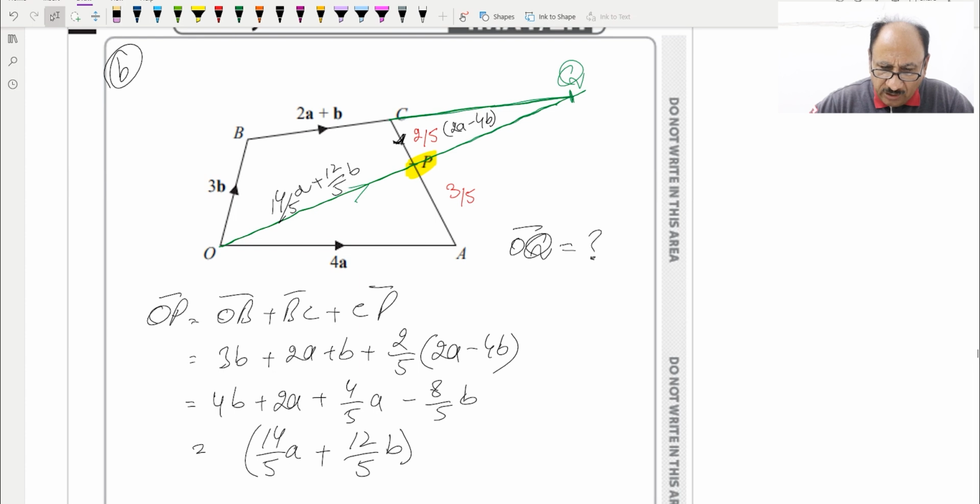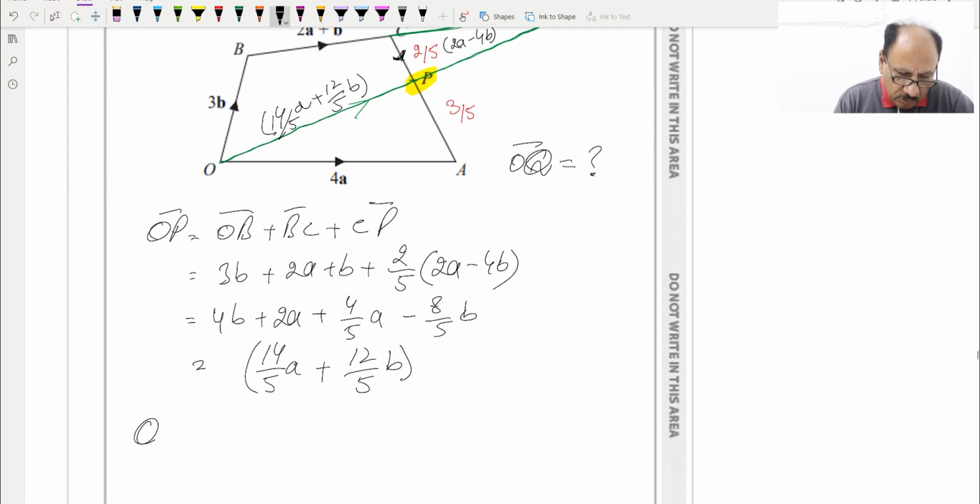Now OQ we can find. OQ is some multiple of this OP, and we can write here OQ will be equal to some multiple of OP, and OP is this one, which I'm just writing here. So some multiple constant we can take as lambda.